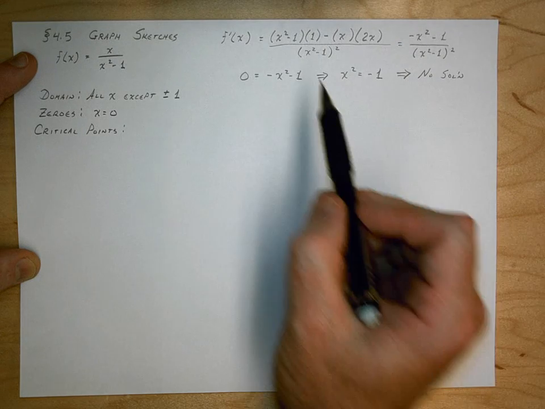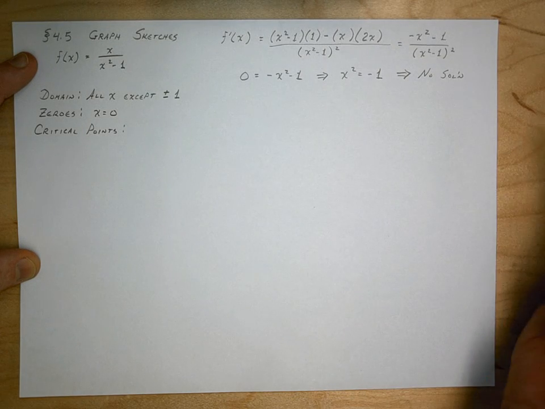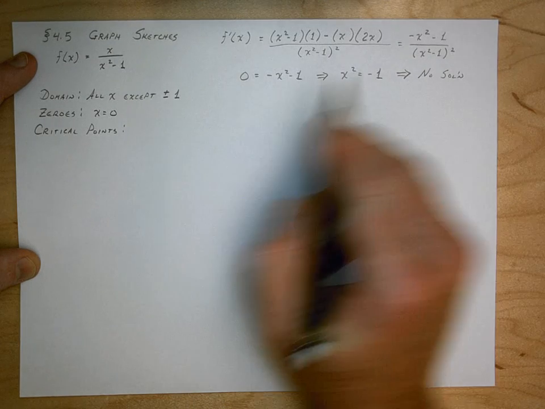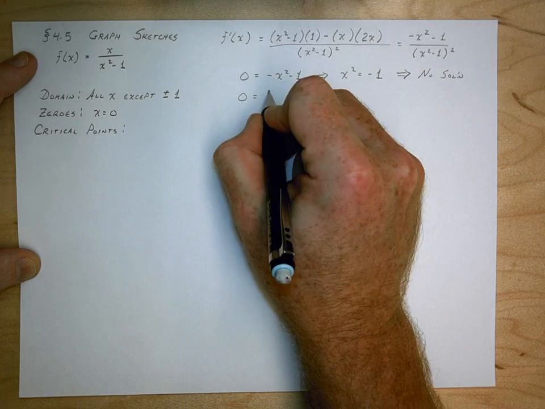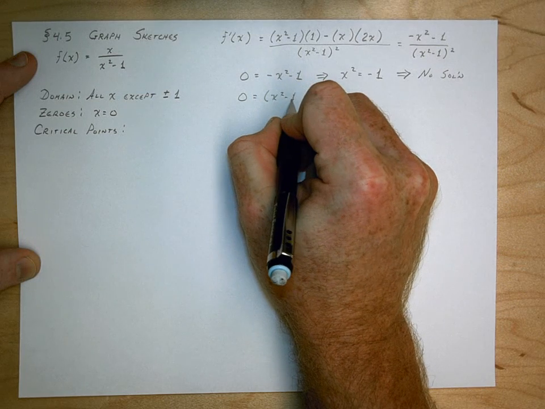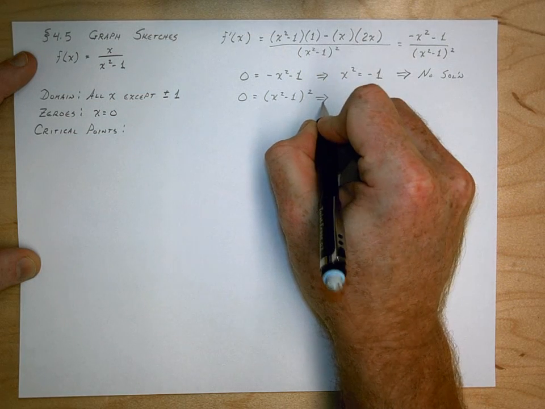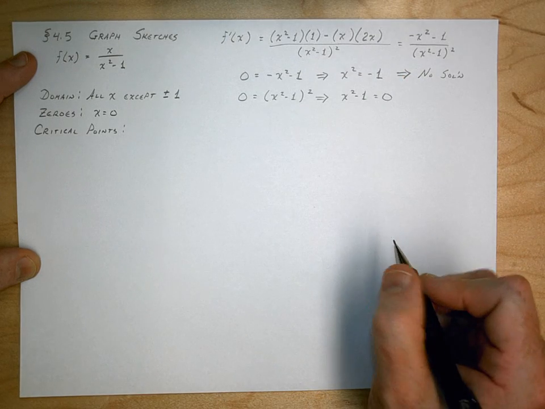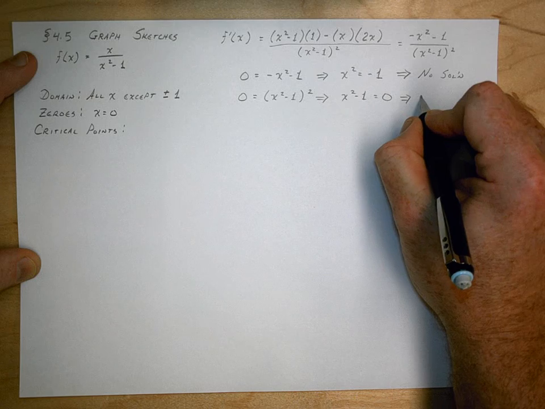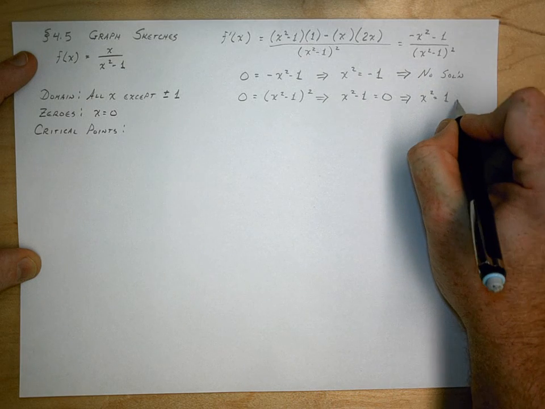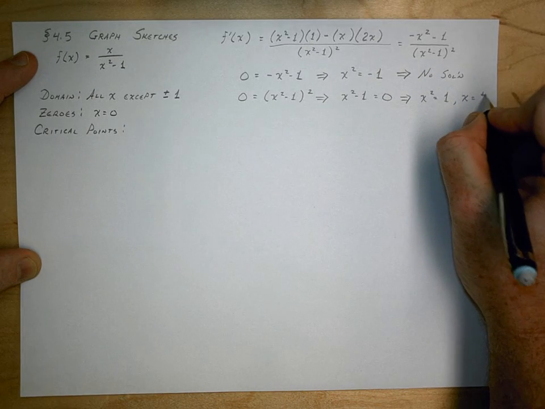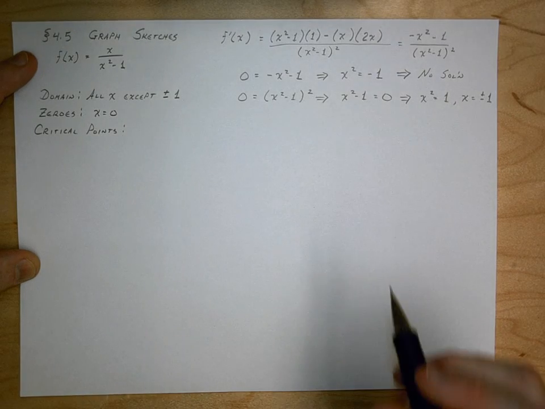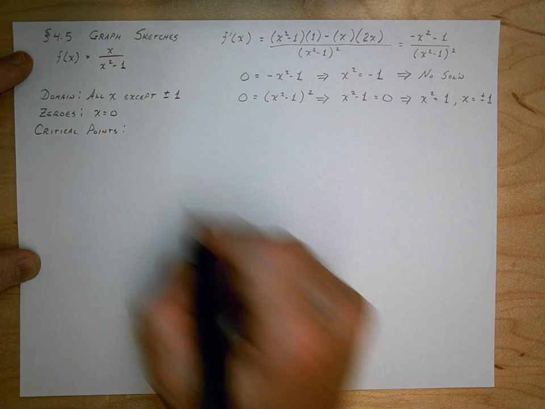What about values that make this quotient go to does not exist, no value? Well, that happens when my denominator goes to 0. So let's play with that. Took the square root of both sides. That's easy enough. Okay, so those are values where my first derivative does not exist.